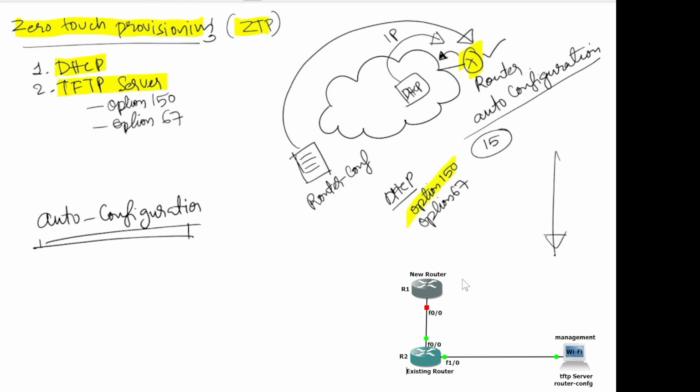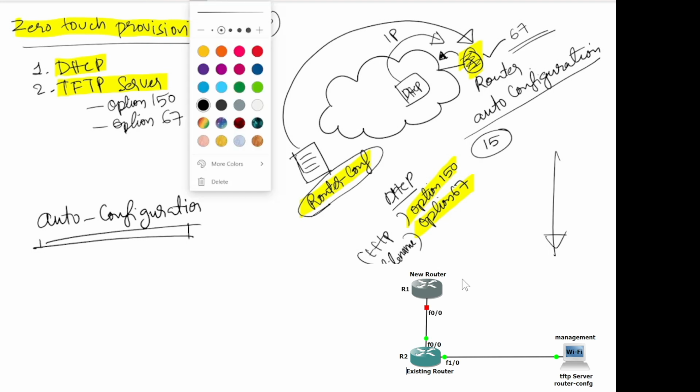Option 150 is the IP address of the TFTP server, and option 67 is the file name. In my example in this demo, my file name is router-conf, and if my DHCP server is replying to the router with option 67 as router-conf, the router will look for the file router-conf in the TFTP server.